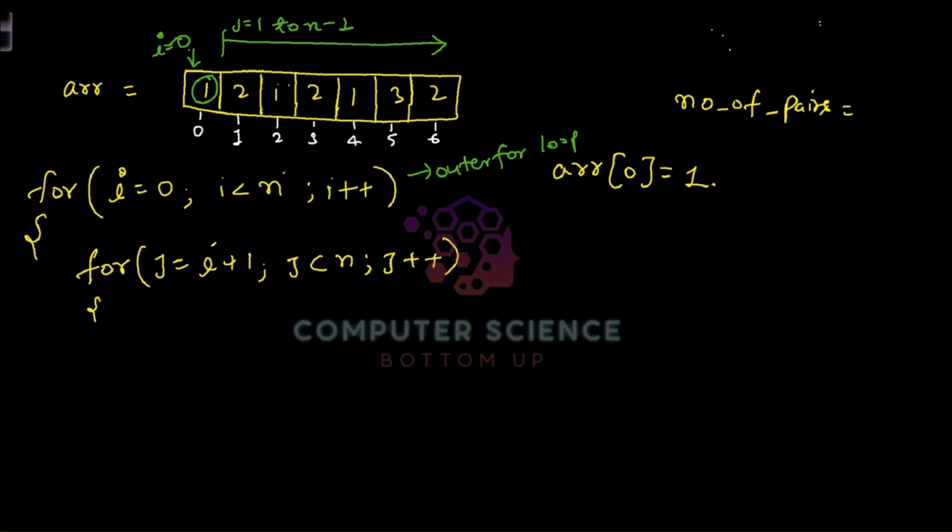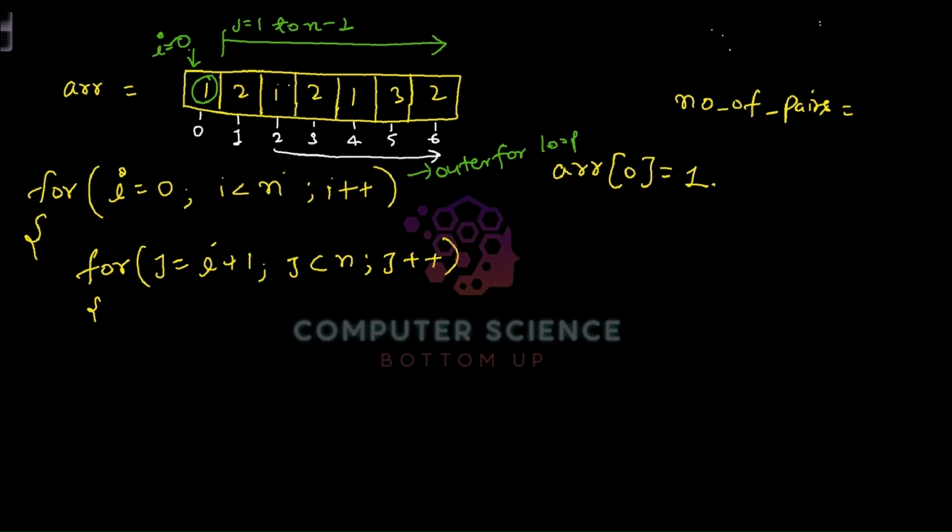Similarly, when i is equal to 1, I will iterate over the rest of the array, from j equal to 2 to 6. So for i equal to 0, j will move from 1 to n minus 1.